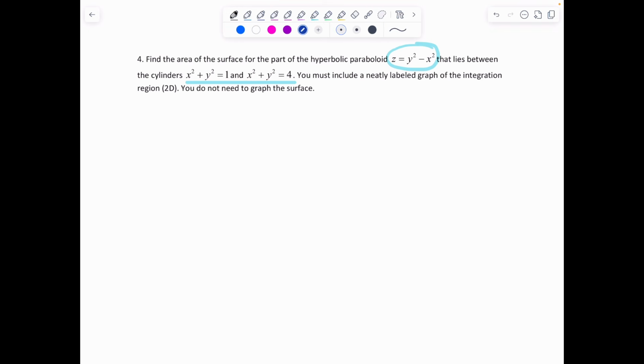So when you're finding surface area, what you do is you evaluate the double integral of just dS. And how do we define dS? For now, the only way we know is that if you have a function of x and y, it would be equal to the square root of partial with respect to x squared plus partial with respect to y squared plus 1 dA.